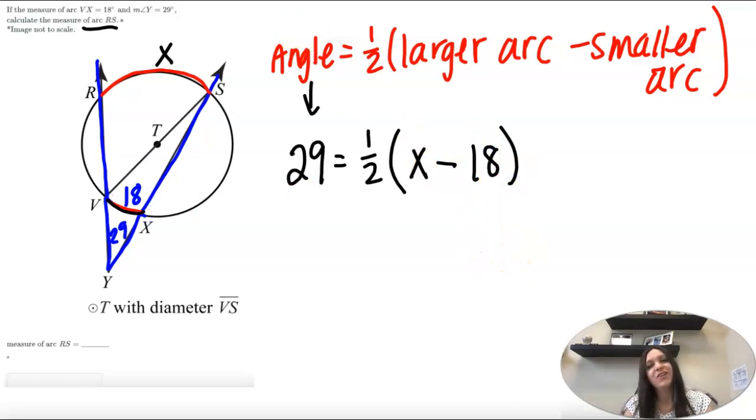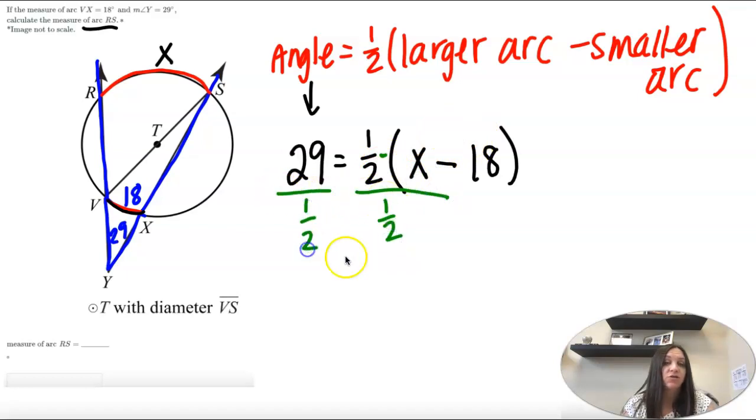So this one requires some solving, okay? It's not as easy as the last one. So I'm gonna do something a little different here. This is 1/2 times both of those, the x and the -18. So I'm just gonna start off by getting rid of it. I know you wanna distribute it, but in this case you don't have to. So then we're just left with x minus 18.